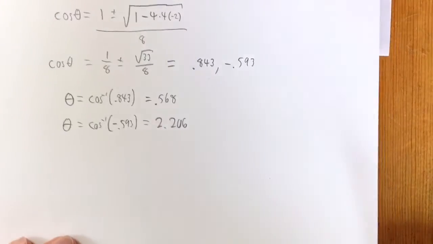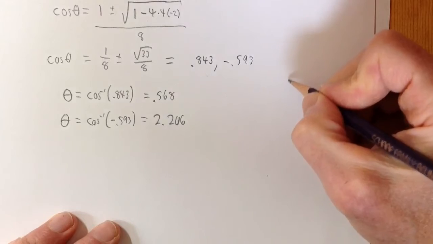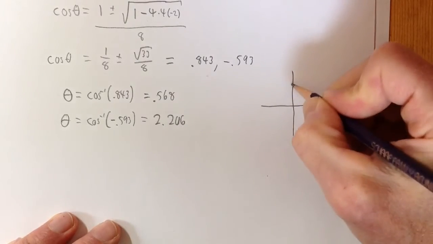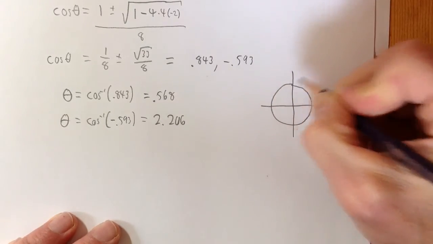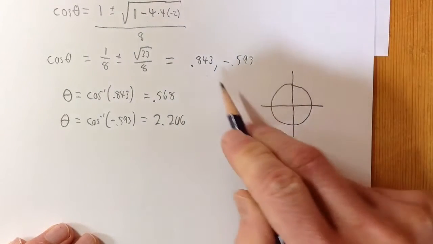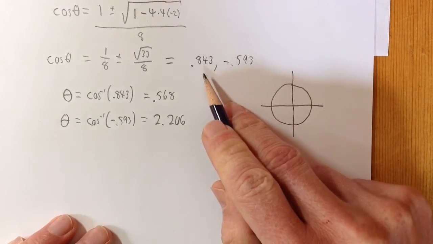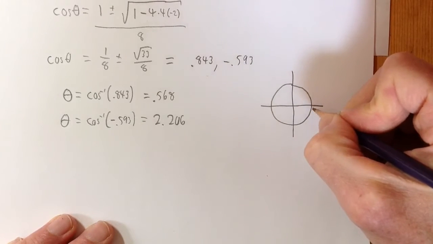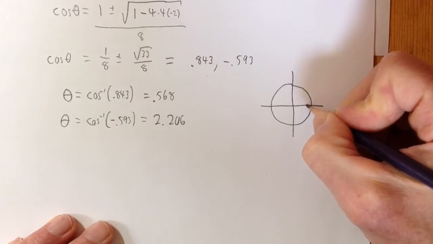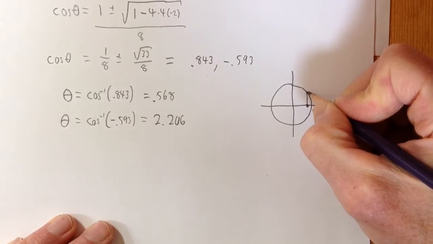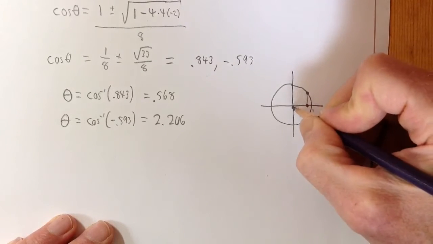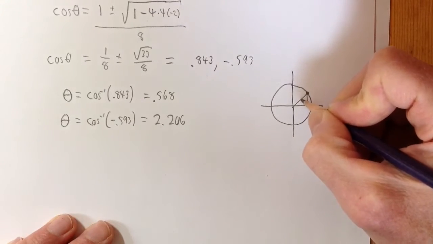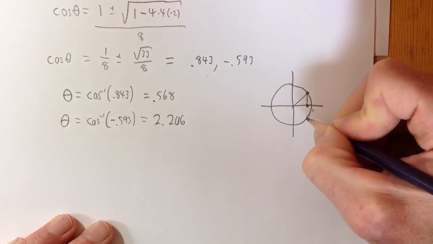So let's draw our unit circle, to make sure we didn't forget something. Okay, so at points where cosine of theta is equal to 0.843, this is 1, so maybe like right there. There's two possibilities. There's this one, which is 0.568, and then there's also this one.